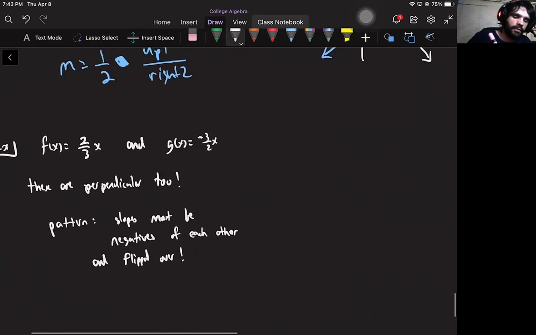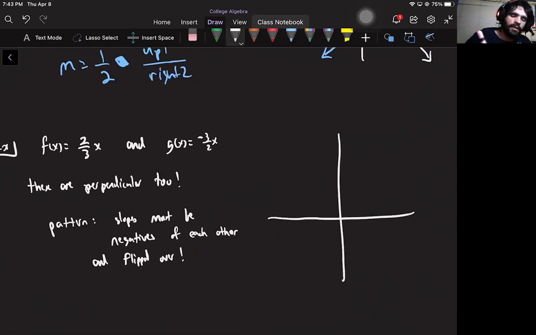So we can graph this one too. This time, because b is 0 for both of them, that's telling us that the y-intercept for both is 0, 0. So they actually both go through 0, 0. The first one, f of x, I'm going up 2 and right 3, because it's 2/3, to get my next point.